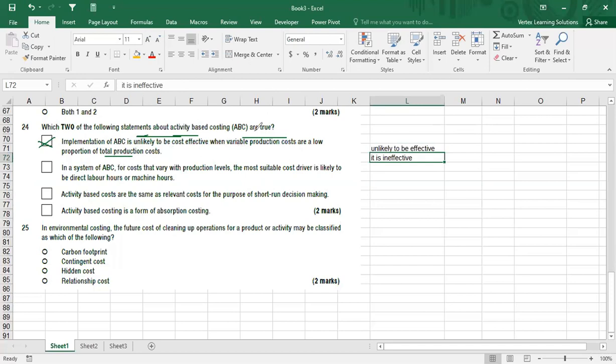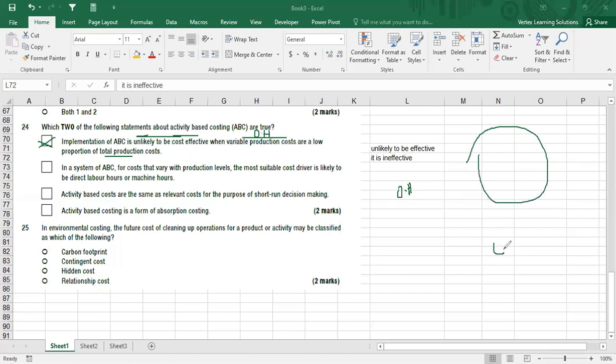If I put the word overheads here, this statement becomes true. ABC costing says that if your overheads are small, then do not implement ABC, because ABC has huge cost for implementation. We only implement ABC when you have a large pool of overheads.